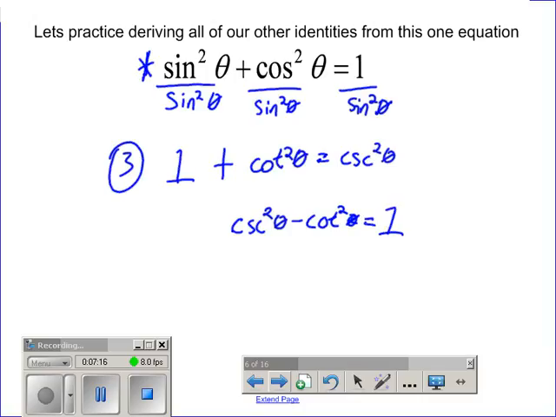Or cosecant squared theta minus 1 equals cotangent squared theta. These tools will help you manipulate and move things around whenever we get into solving, or whenever we're just trying to simplify some of these tougher problems.